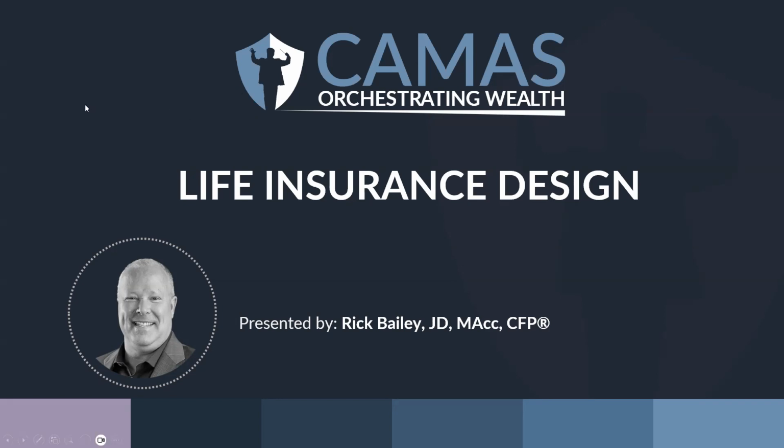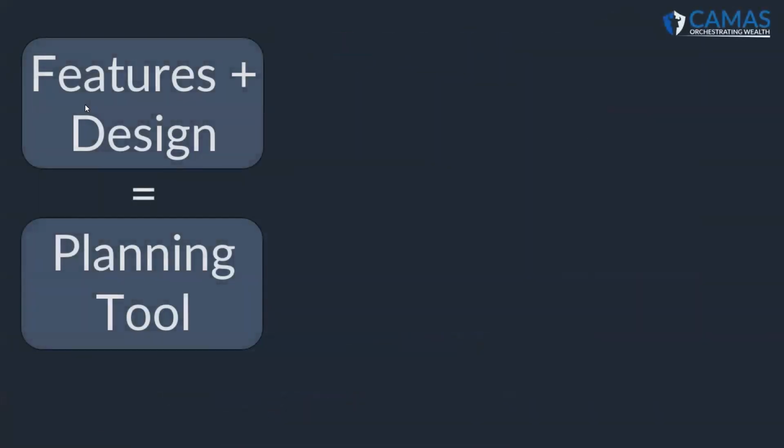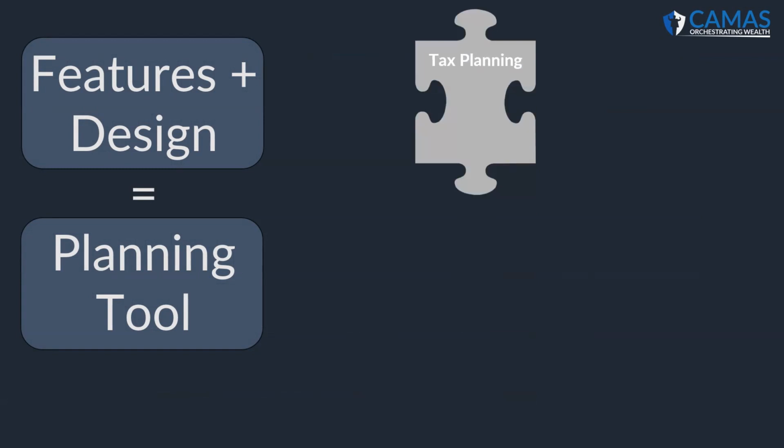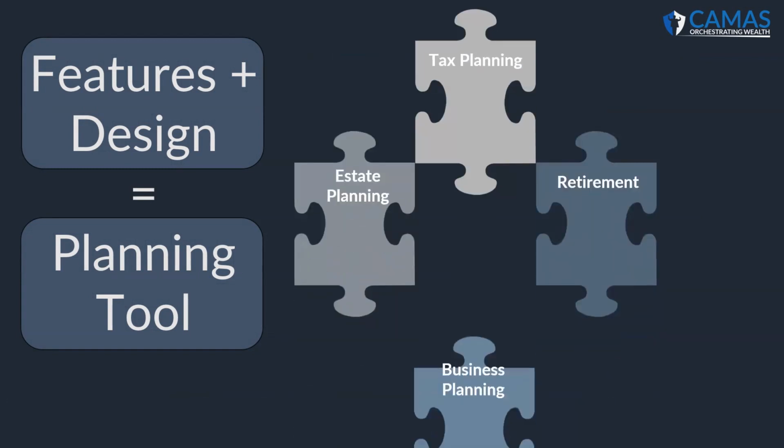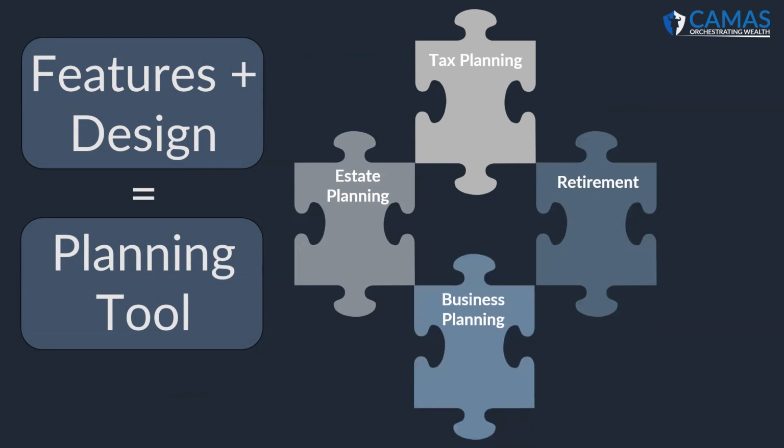So, as you think about this, start thinking about how we use life insurance and how good of a planning tool it can be. There again, it's not the only planning tool we have, but it really fits in a lot of places. If you start looking whether we're doing tax planning, estate planning, retirement planning, or business planning, and there's other areas here, life insurance is kind of that missing puzzle piece.